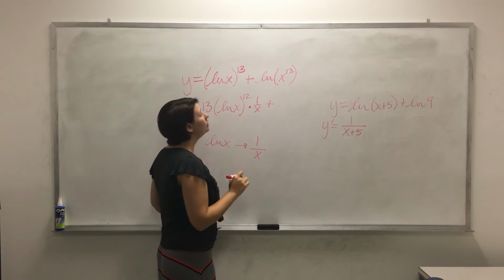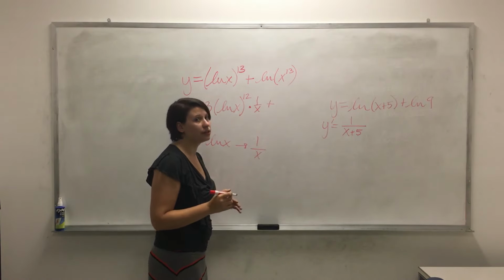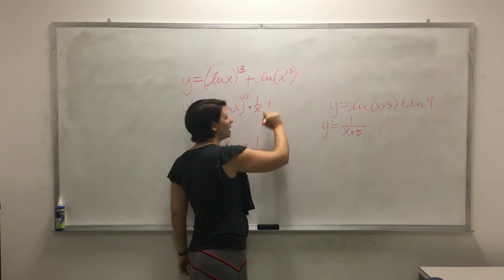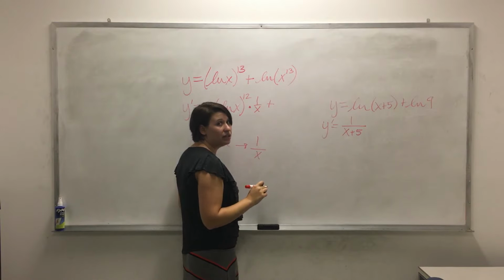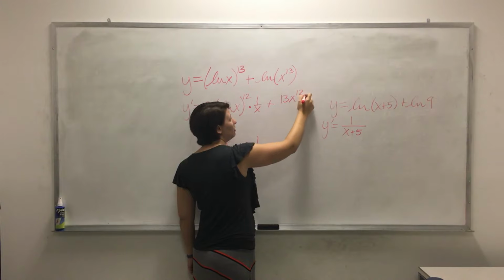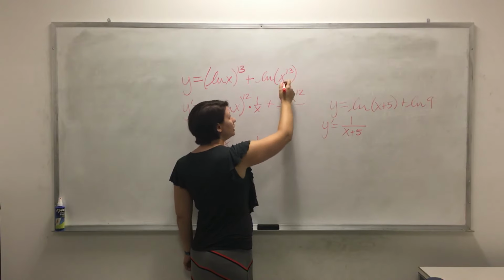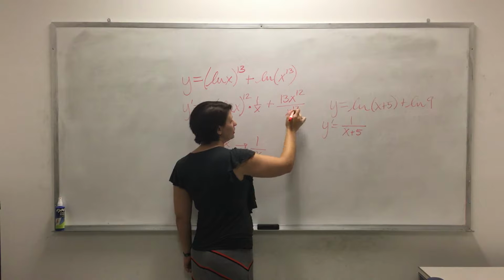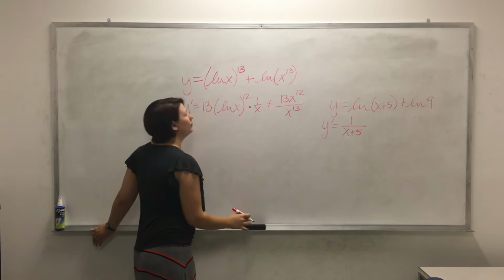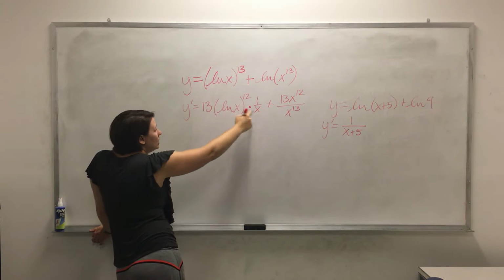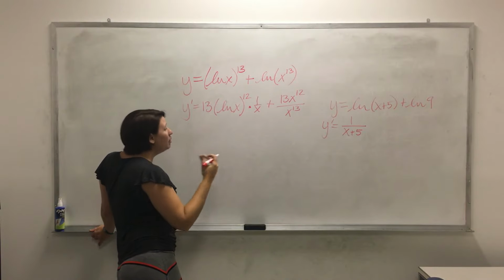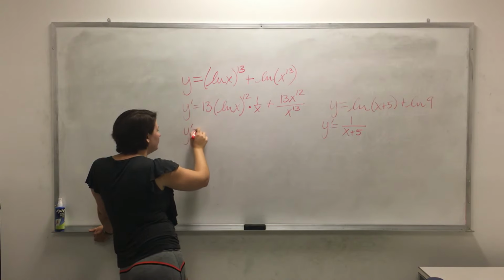Then plus the derivative of ln of x to the 13th. So again, we start out by taking the derivative of the inside. The derivative of x to the 13th is power rule, 13x to the 12th, over the entire inside of x to the 13th. So now we can do a little simplification. 13 and 1 over x, we don't really need to simplify this part of the term, but it can help it look a little better.